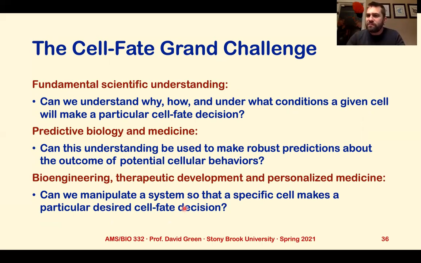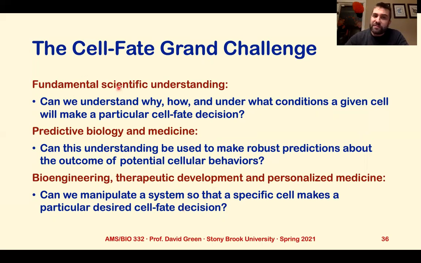If we could robustly understand how cells of diverse types make specific decisions, there is so much that would be opened up. And we are beginning to get there, but there are still many, many questions still to be answered in this area.